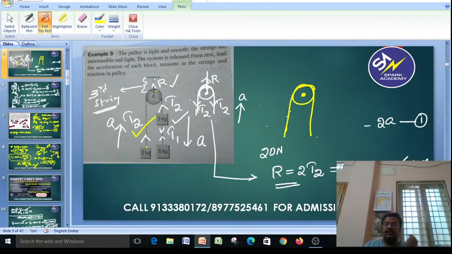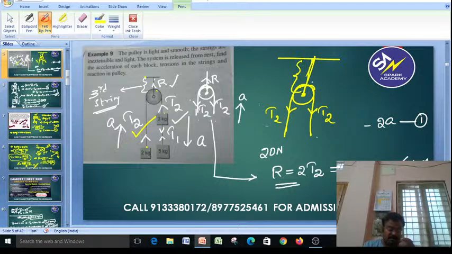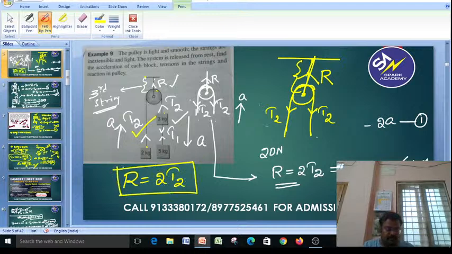The tension T2 acts away from the pulley and this side also acts away from the pulley. And this pulley is connected to the rigid support like this, which means this is the third string. In this string also a tension force exists. That tension force acts away from the pulley, and we call it the reaction. So how many T2s are there? 2 T2s are there. That's why reaction is equal to 2 into T2. I hope you got an idea.